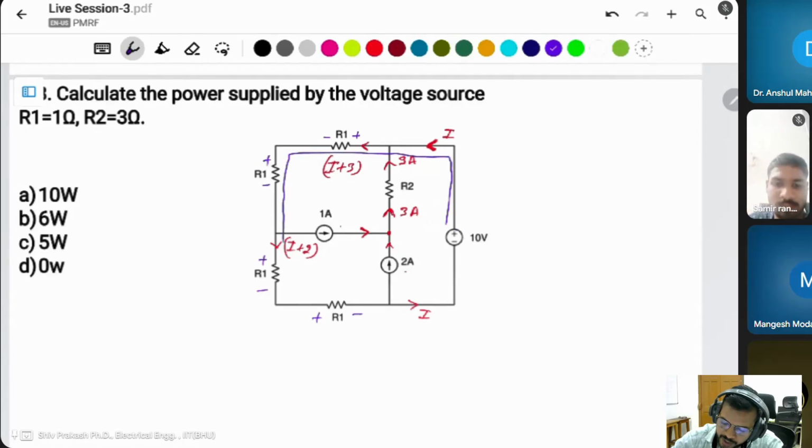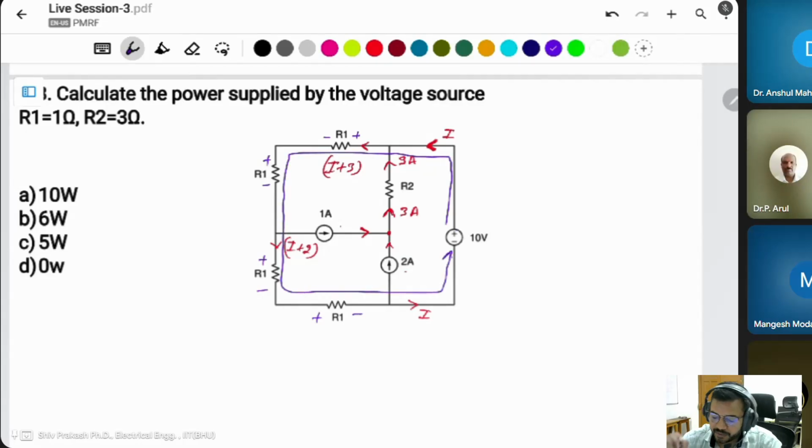Now you have to apply KVL in this loop. You can start from here, minus 10 volt. Then after that the resistance R1 is 1 ohm. This is also 1 ohm, this is also 1 ohm, this is also 1 ohm.